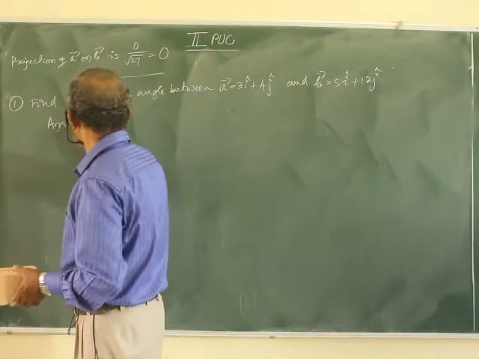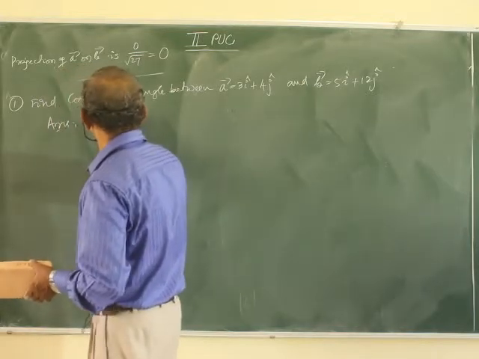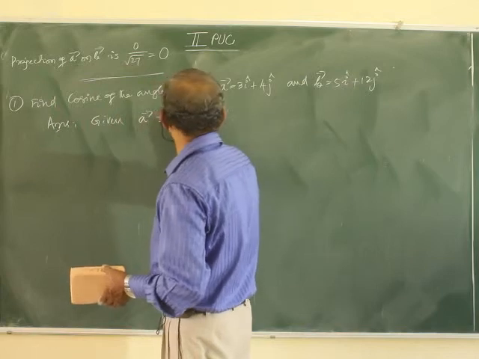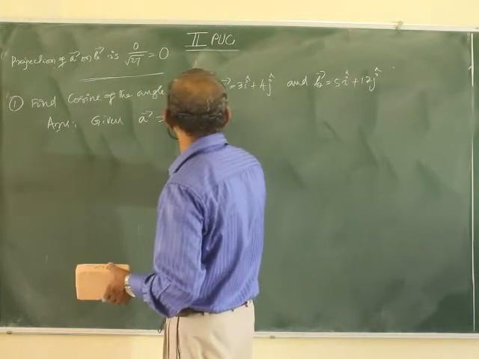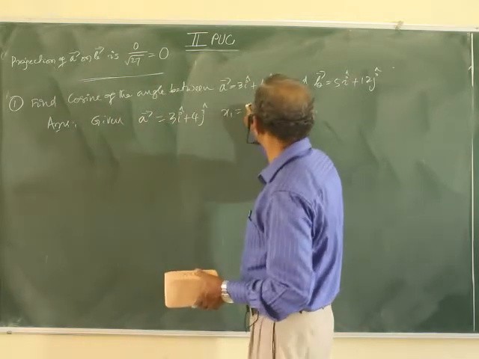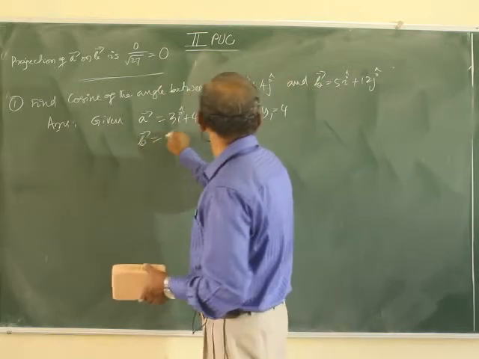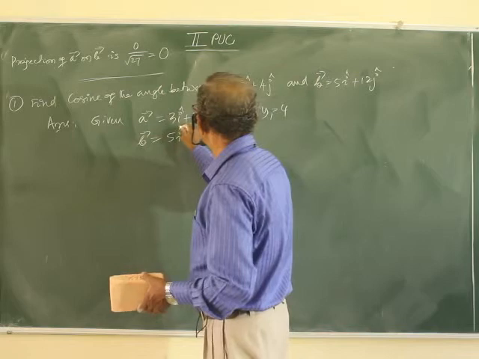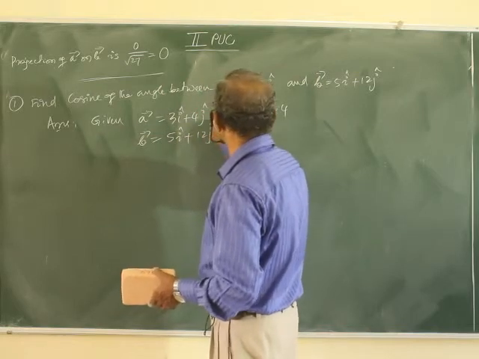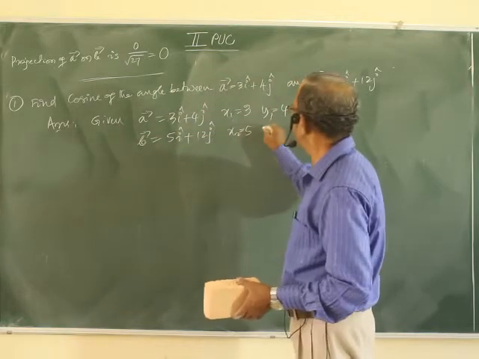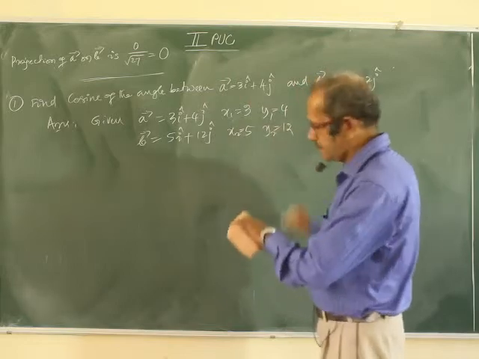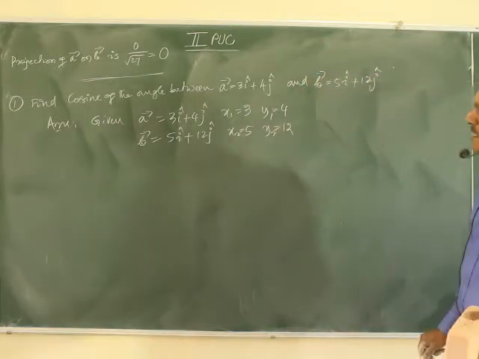Answer: given A equal to 3i plus 4j, x1 is 3, y1 is 4. B equal to 5i plus 12j, x2 is 5, y2 is 12. Right?